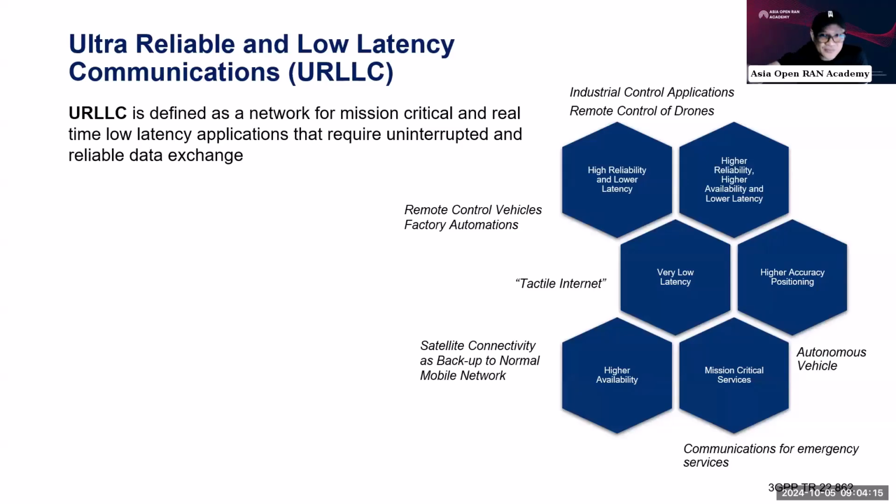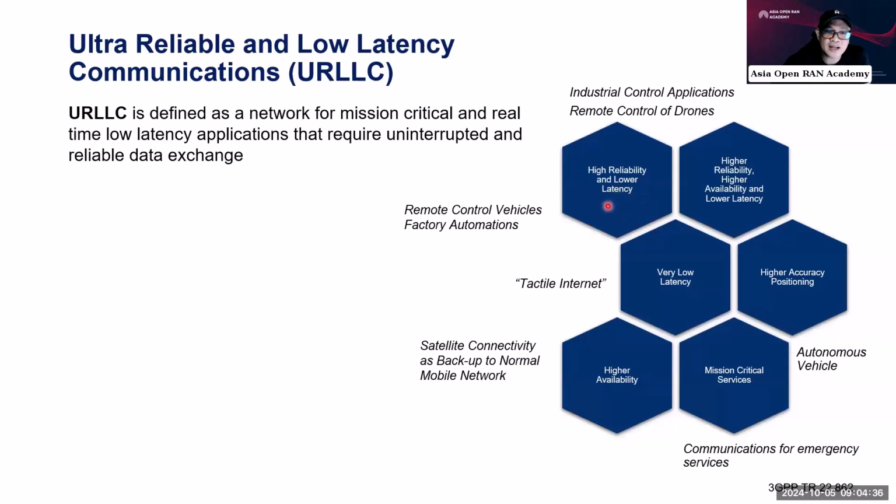Na kapag nag-fail yung network, there is an accident that might happen. So there might be a life that is put in danger. So that's why it should be ultra reliable and low latency. It should respond immediately.